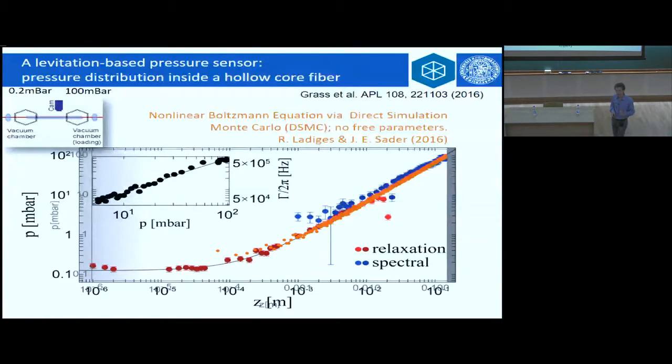This is something we can measure and compare to the simulations and also to analytical results that this community has. And they are very happy because pressure sensors for capillaries don't really exist. There are some ideas that people use, but this is a very precise pressure measurement.